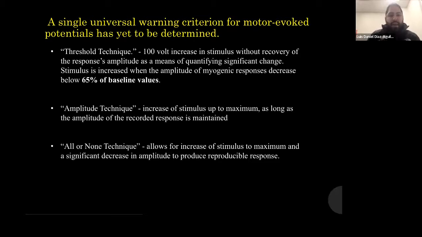And then the amplitude technique, essentially checking for the stimulus and ensuring that the amplitude of the response is maintained no matter what the stimulus is, as long as it's within appropriate threshold limits. And then of course the all or none technique, which allows for an increase of stimulus to the maximum and a decrease of the amplitude so long as there is a reproducible response following the stimulation.